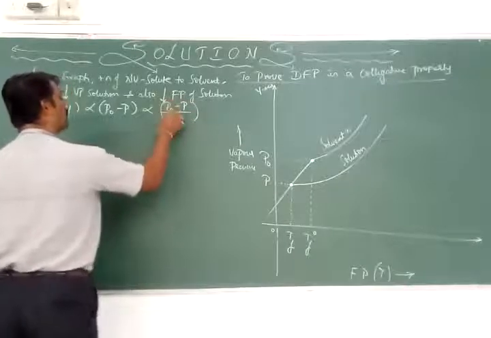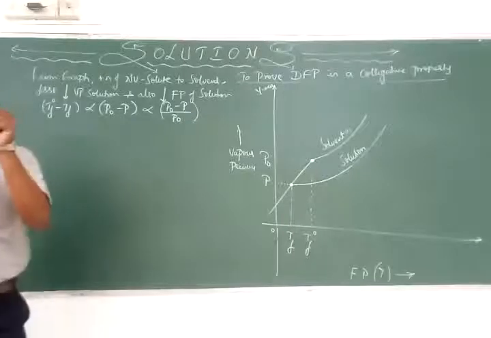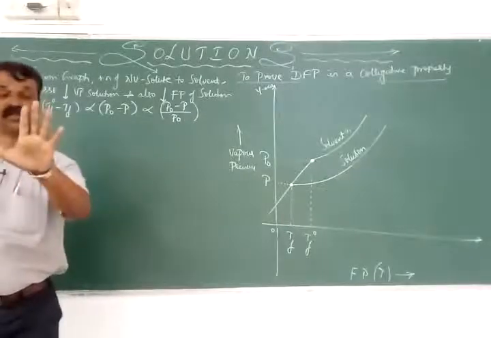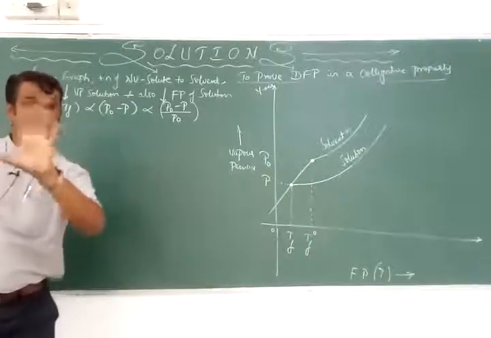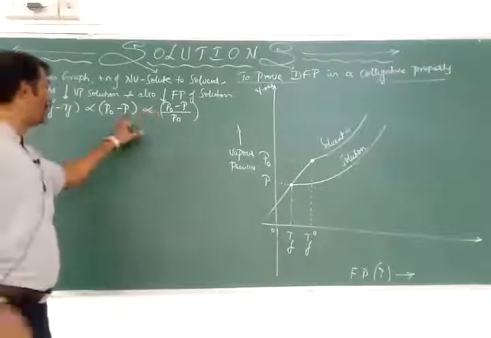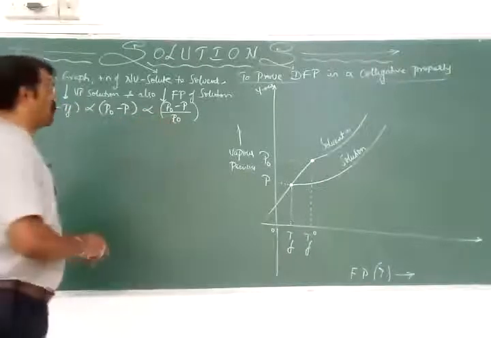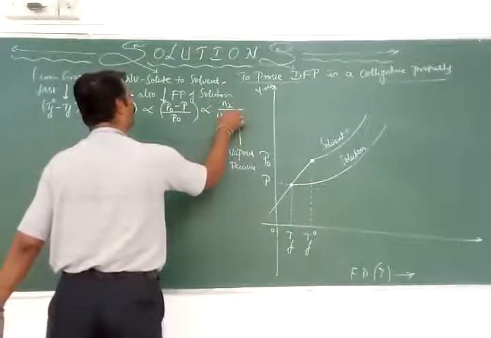Why? Because for a given solution, the vapor pressure of the pure solvent is constant. Solute is variable, solution is variable, but not the solvent. Therefore the vapor pressure of the pure solvent, as it is in a proportionality, remains constant. Which is proportional to, as usual, N2 divided by N1 plus N2.